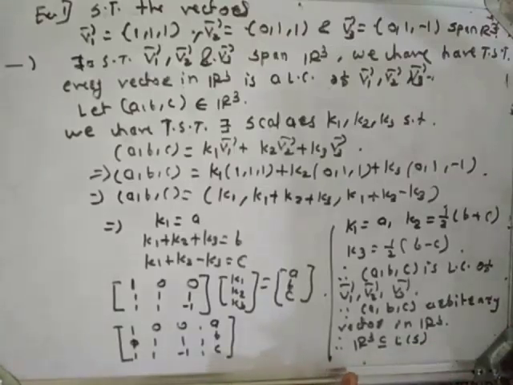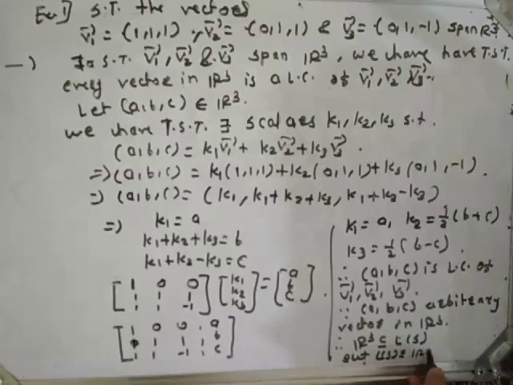That's why R3 is a subset of the linear span of S. But L of S is always a subset of R3. Therefore, we will get L of S equals R3. Okay.